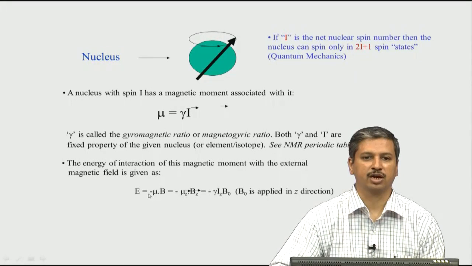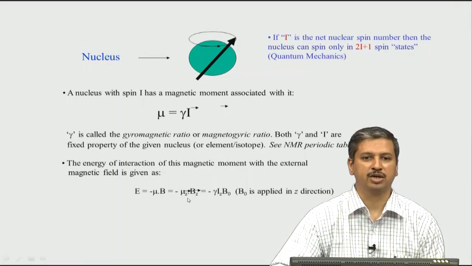As I said, we can split this into 3 components, mu x, mu y, mu z, and B x, B y, B z. But assuming that I apply a magnetic field in the z direction, the x and y components are gone, and only the z component remains, so this simplifies and becomes minus mu z B z.